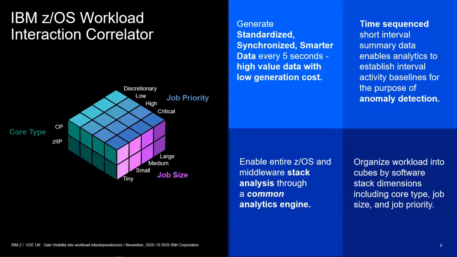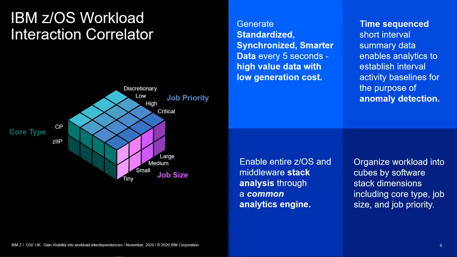We organize everything that's running across the entire software stack by those workload components. As we get into the demo, we'll see that there are also some global processes running as well. But what we can do is enable the entire stack of everything running on z/OS to gain those connectivity and interconnectivity patterns through a common analytics engine.